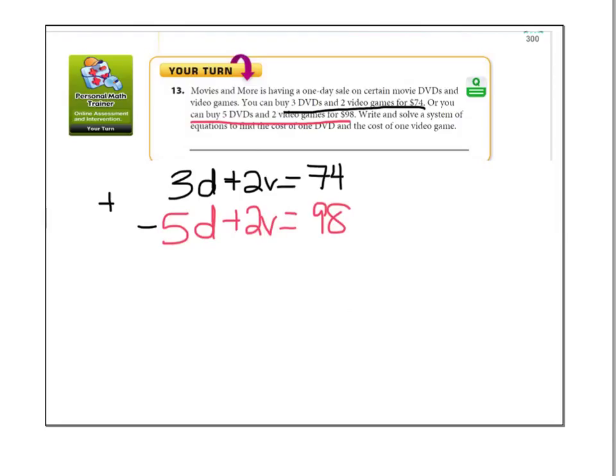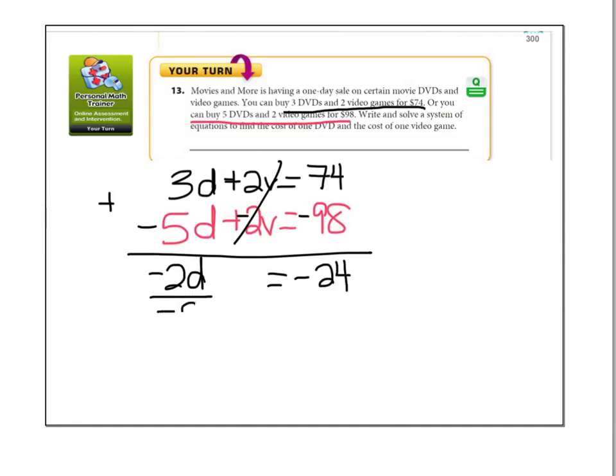So the 5D becomes negative, the 2V becomes negative, and so does the 98. Now 3D plus negative 5D is negative 2D. The V's cancel. And 74 minus 98 is negative 24.